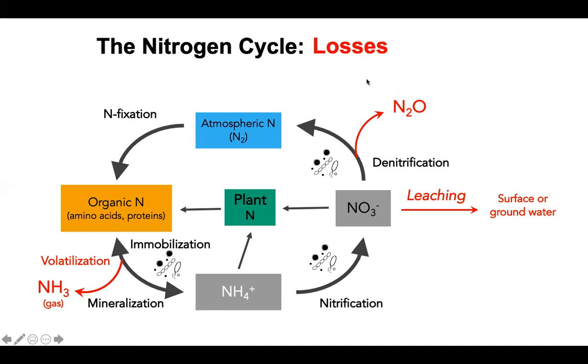So on a mass basis, N2O has a greater potential for global warming than CO2. So this is another potentially problematic loss of nitrogen from this nitrogen cycle.